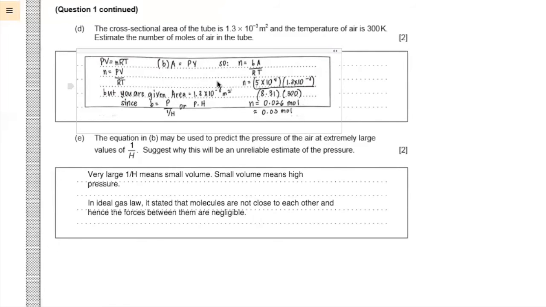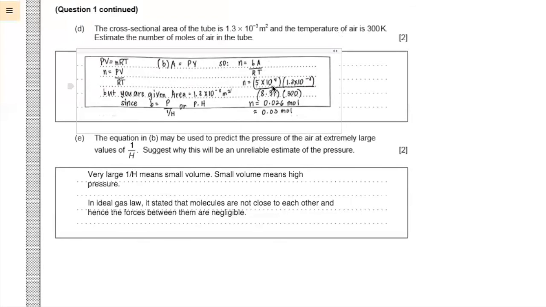However, we know that B is also equal to P over 1 over H, or P times H. So what we can do is just multiply this height by the area. And remember that area times height is also equal to the volume. So we have B times A over RT.